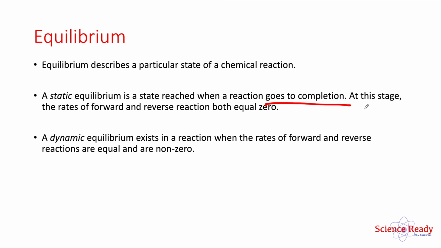At this stage, the rate of the forward reaction and the reverse reaction are both equal to 0. In contrast, a dynamic equilibrium occurs when a reaction reaches the state whereby the rate of its forward reaction and reverse reaction are both equal but are also non-zero in value.